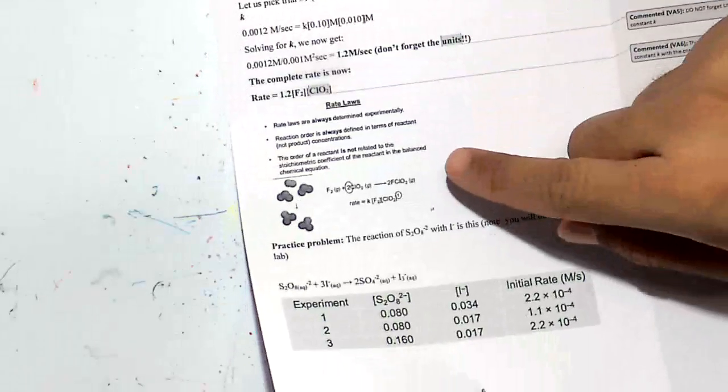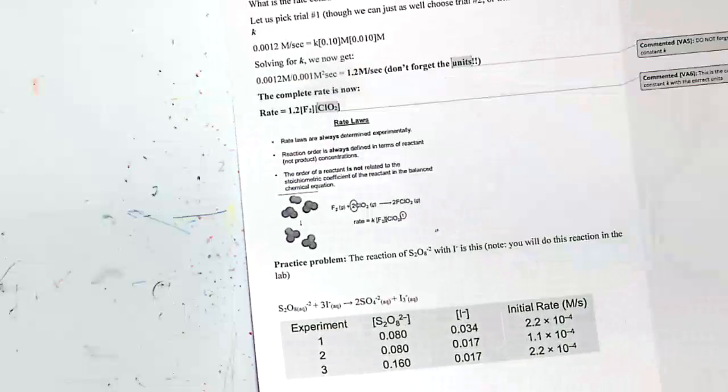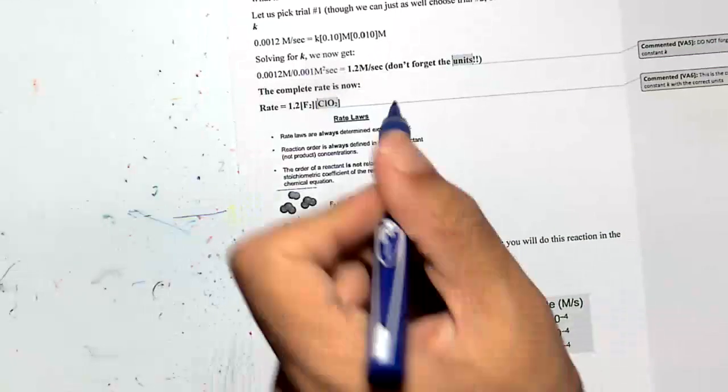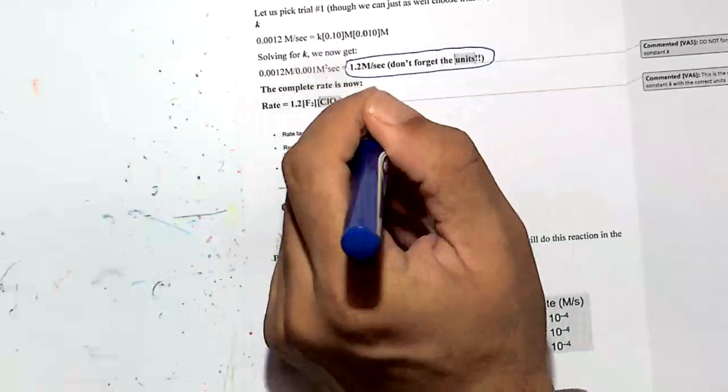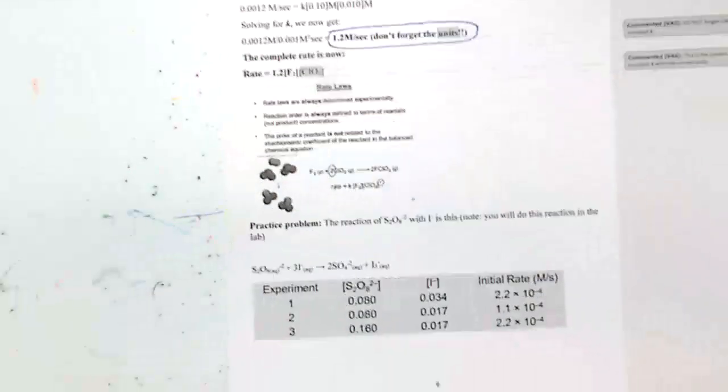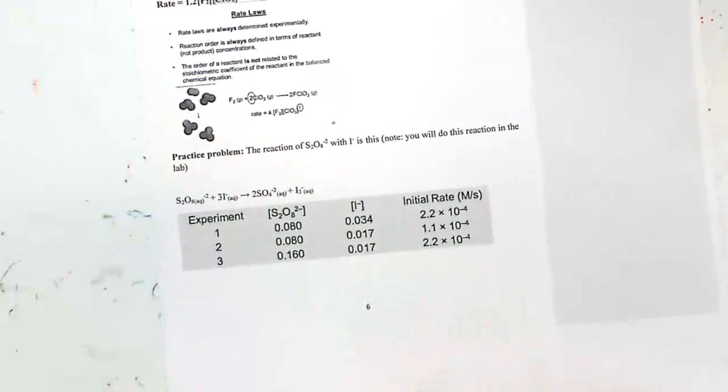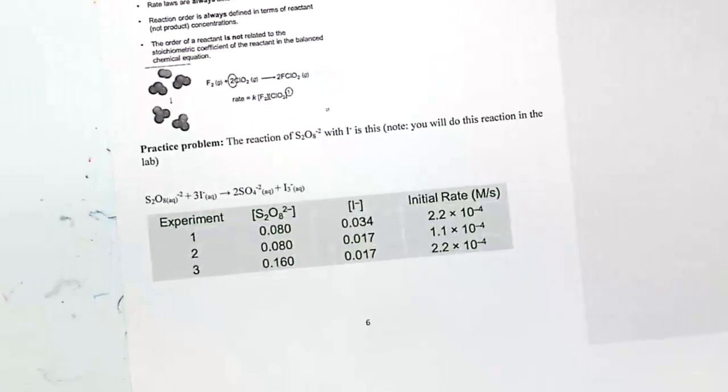And then we have our final answer for this rate law problem here on page 6. I'll let you guys look at that. This is the final answer that we get. Okay, don't forget the units. So we have a worked out problem here. Let's do the problem together now. All right.